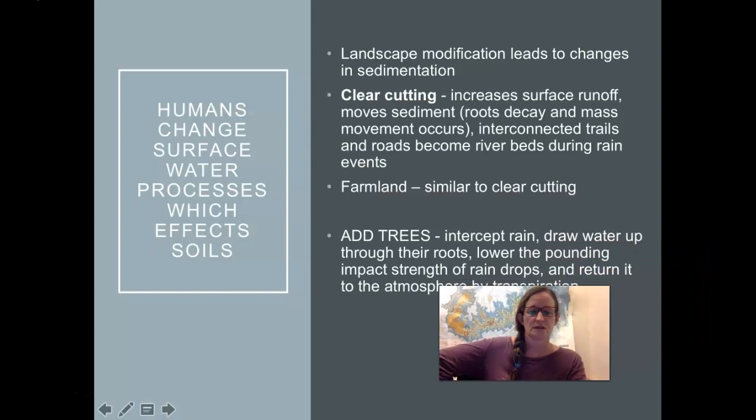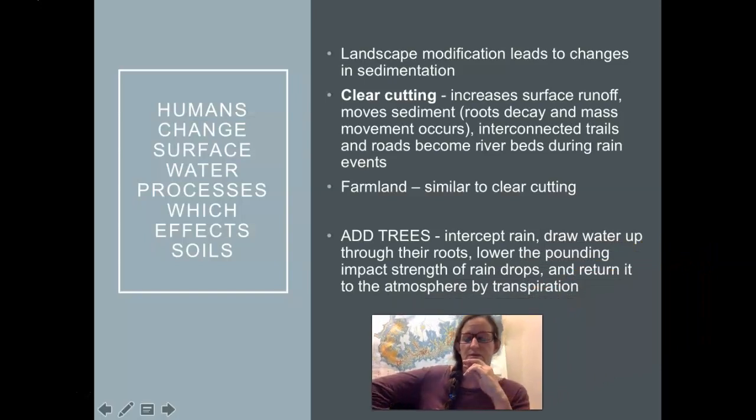Humans change the landscape by changing land use. So it was a forest, and we're clear cutting it. One of the worst parts they found of clear cutting is the interconnectedness of trails and roads, because they truly become like riverbeds.